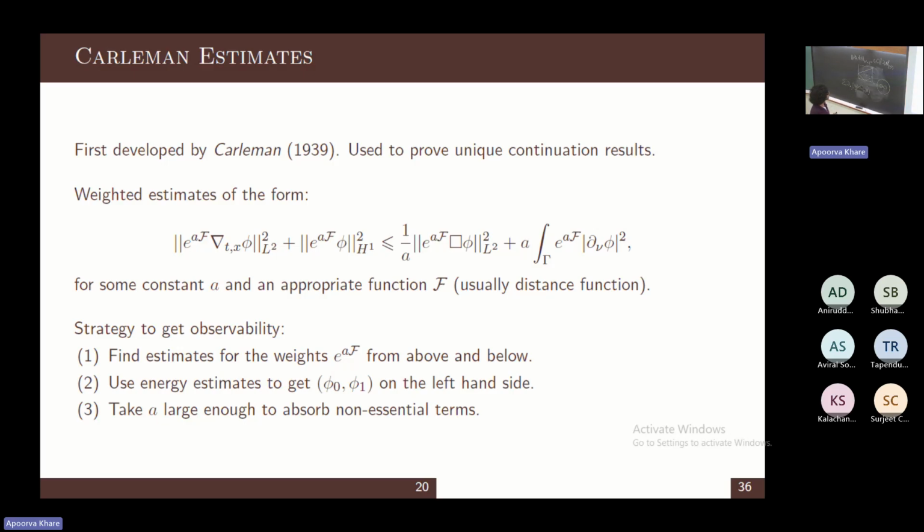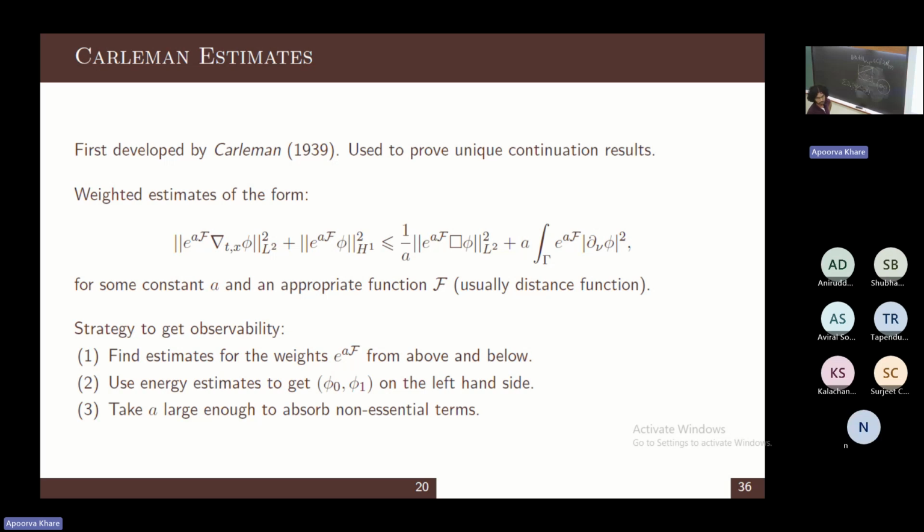So on the left, you will have this. And if you take λ large enough, then this will also vanish. So you will just be left with the thing on the right hand side. That, very briefly speaking, is the main idea to go from Carleman estimate to observability. Technically it's extremely long, but this is the main idea. So that's why, to solve observability, you try to find Carleman estimates.